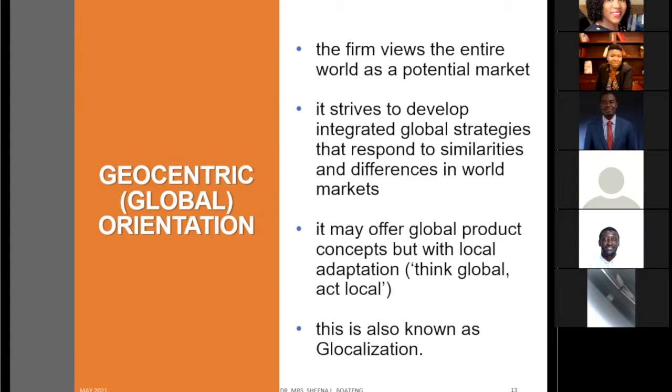So if they are looking at a particular consumer group, they are looking at this consumer group across the world as a potential market. And here, there's a course I teach called Digital Marketing, where we try to look at various ways of segmenting the market, right? Which we will do a bit of here. But when it comes to digital marketing, we segment the market based on the level of technological penetration and how much the consumer groups are using technology.